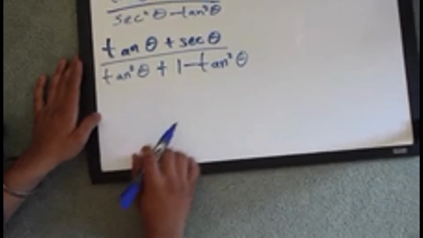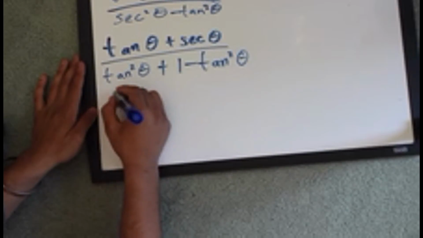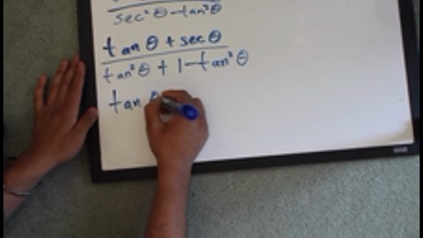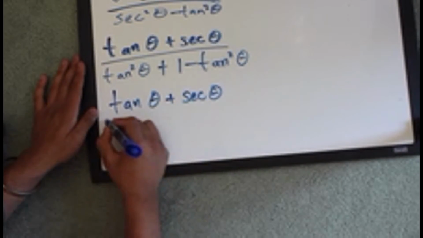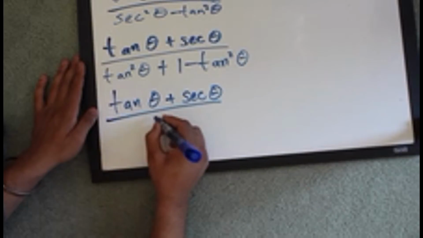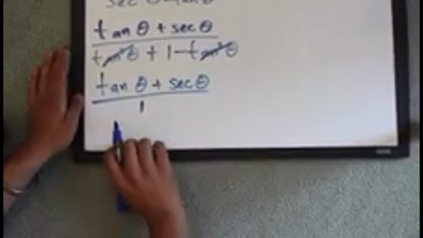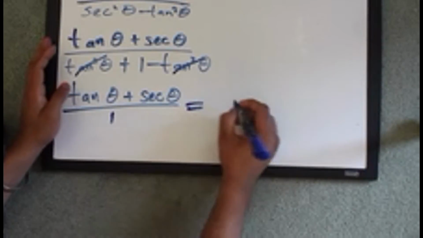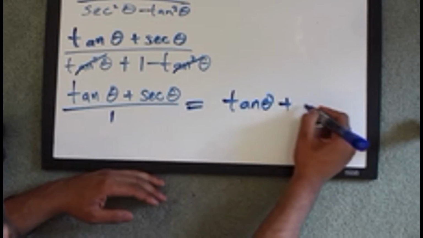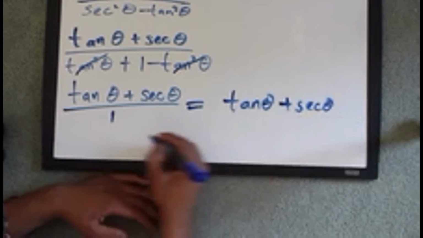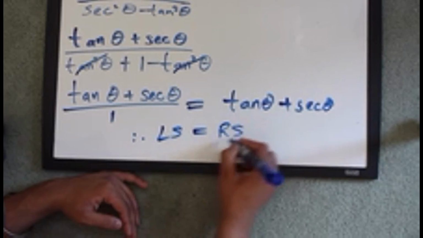Now we can just simplify: secant squared theta minus tan squared theta becomes 1 minus tan squared theta plus tan squared theta, which is 1. Over 1, because these two cancel out, is tan theta plus secant theta, which is equal to the right side. So therefore you can say our left side is equal to our right side.